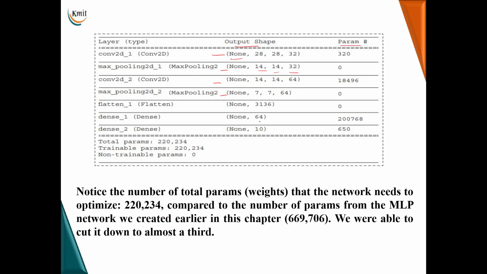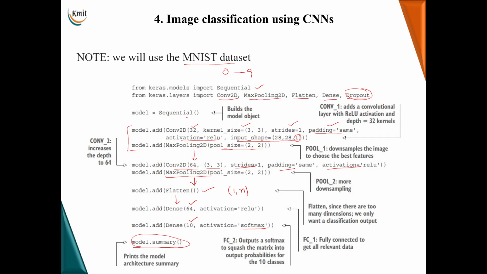So here the input image is of size 28 by 28 by 1. That input image is given as input to my first convolutional layer with 32 filters.